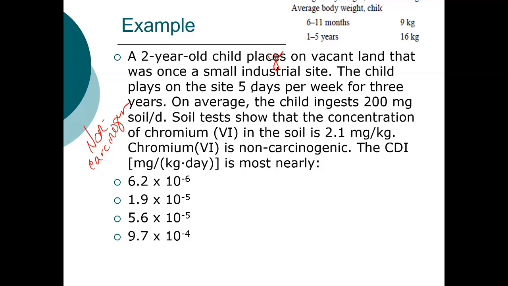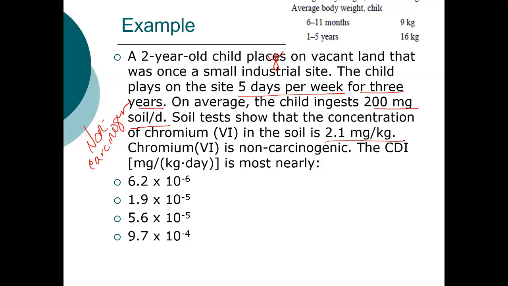The child is playing 5 days per week for 3 years. On average, the child is ingesting 200 milligrams of soil per day, and the soil contains Chrome 6 at a concentration of 2.1 milligrams per kilogram. It's a non-carcinogen.